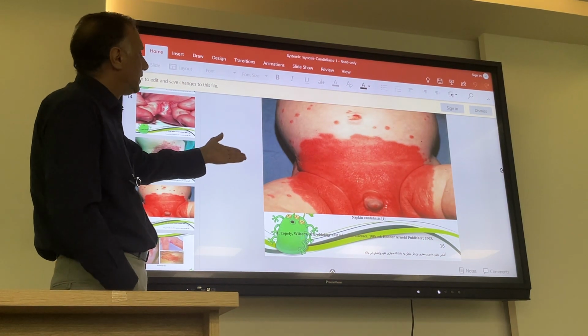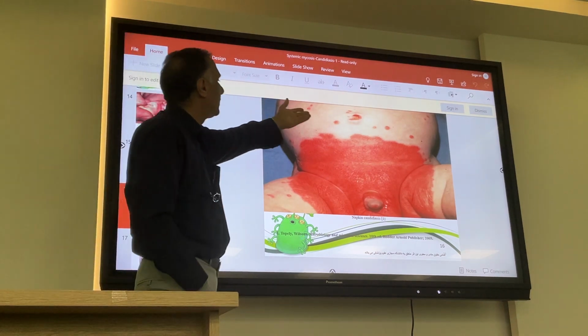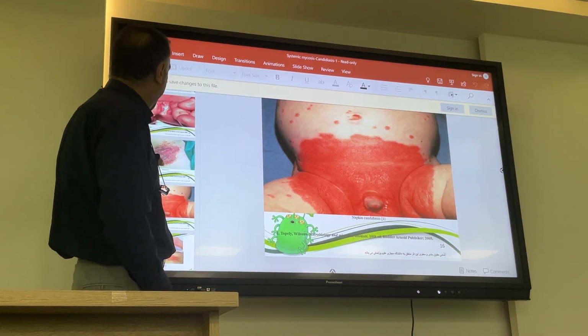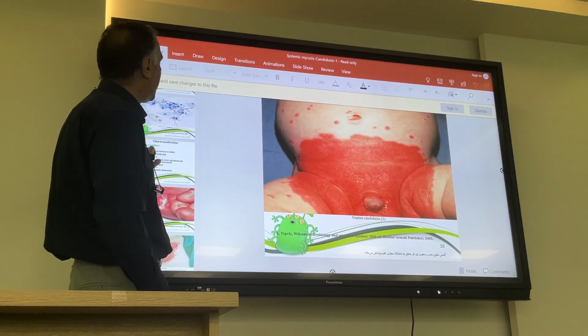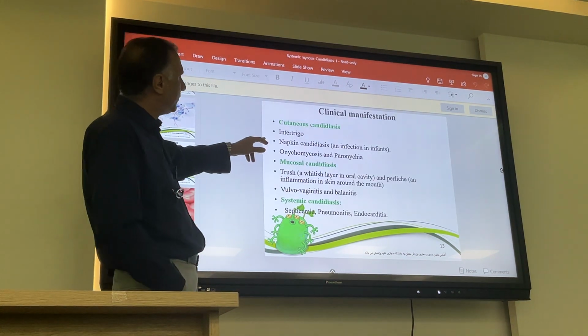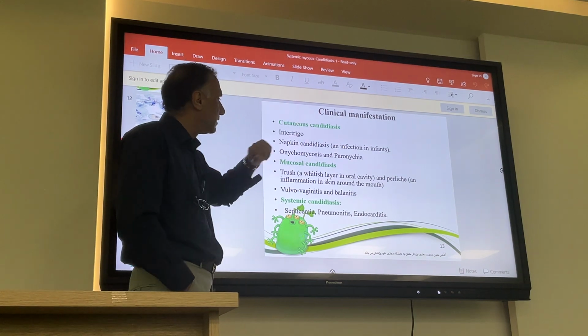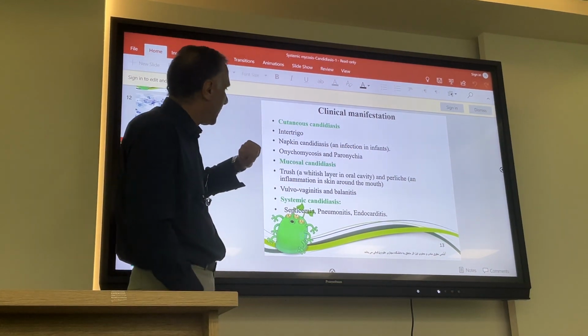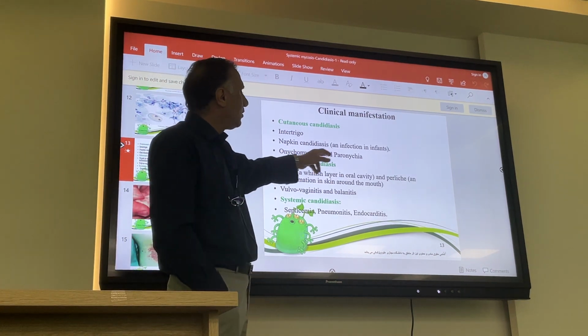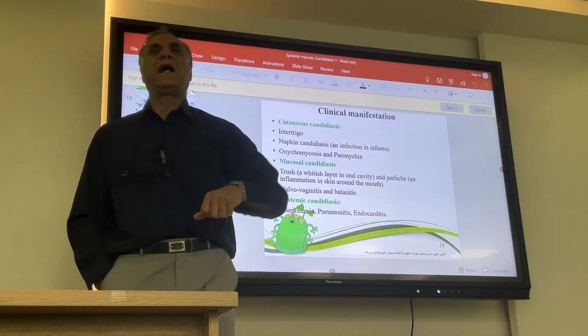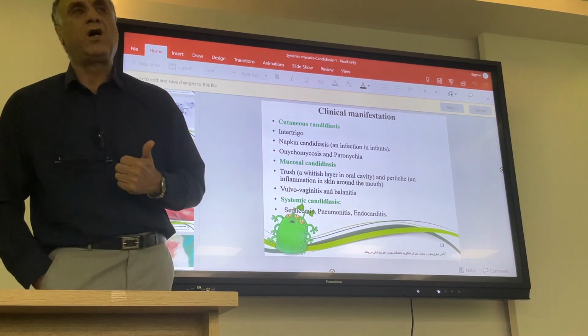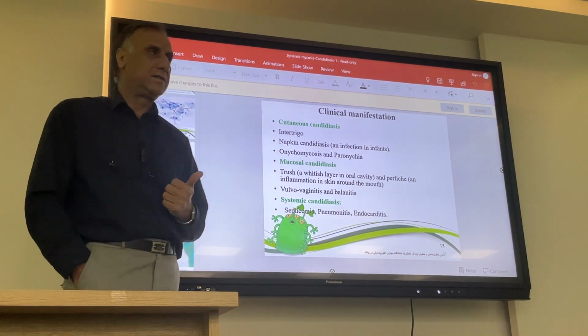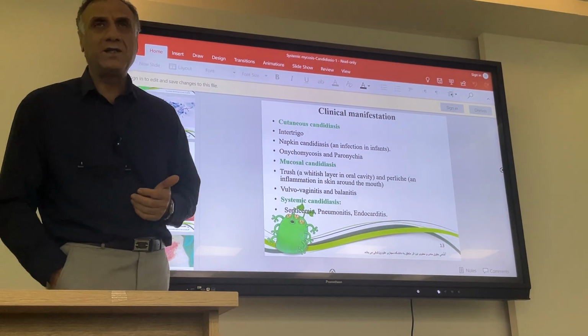You find erythema, satellite rash, and you must check it for candidiasis. Another form of cutaneous candidiasis is onychomycosis.